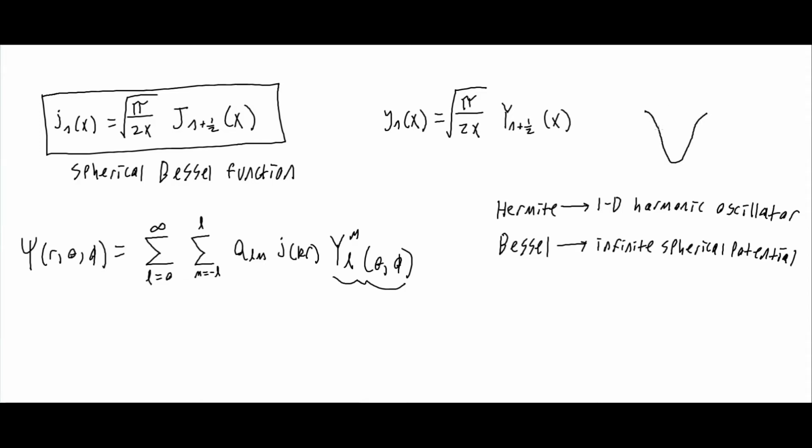So if you've watched my videos, as of the recording of this, I've only done solutions for the infinite rectangular potential well and the finite well, and in both of these we have not had to use these special functions.